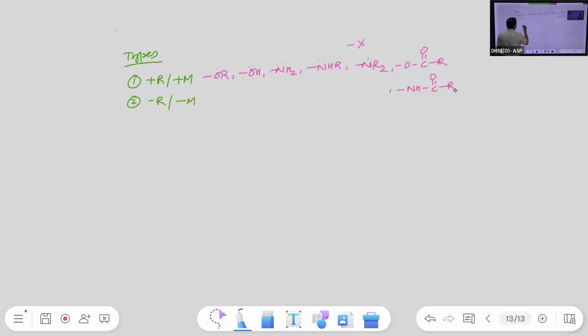Then minus R group: the atom or group which acquires negative charge as a result of resonance. So negative charge examples are NO2, SO3H, then aldehyde, ketone, carboxylic acid, and other derivatives of carboxylic acid.